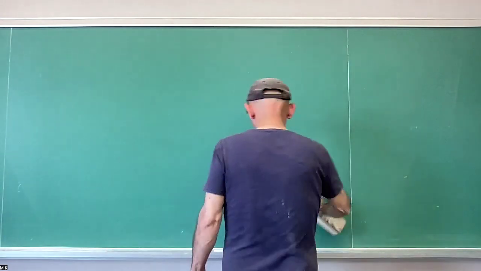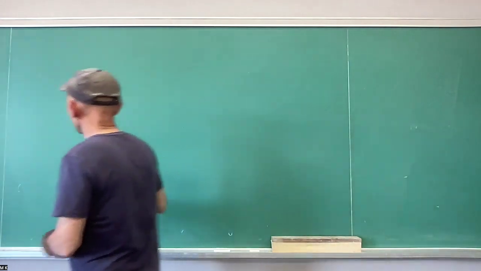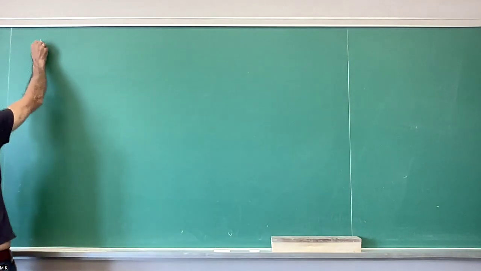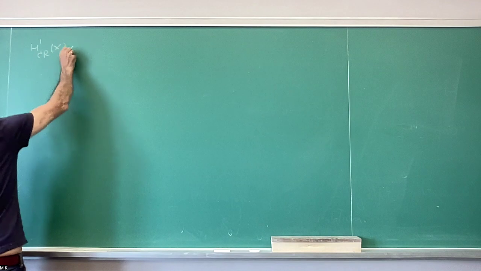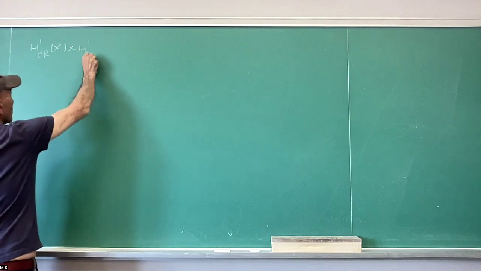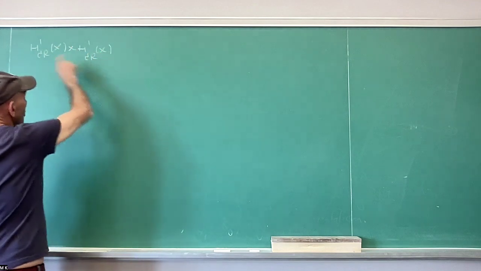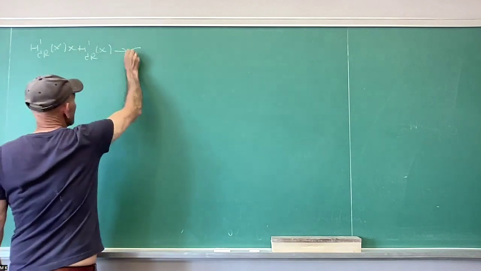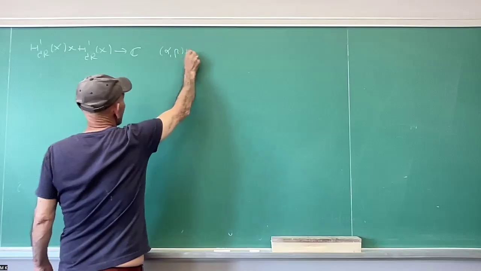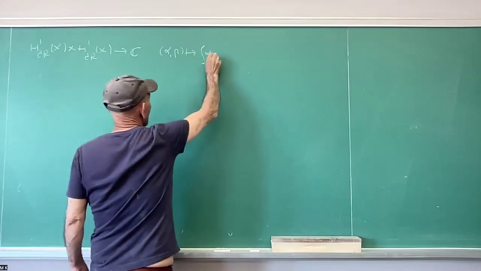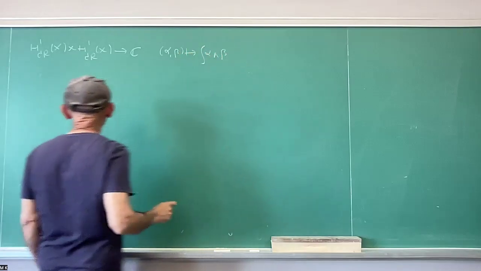So recall that we have this intersection pairing from H1 of X cross H1 of X, with complex coefficients as always, to C. So alpha and beta go to the integral of alpha wedge beta.